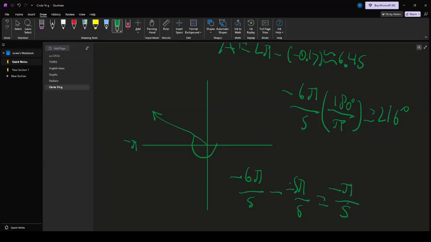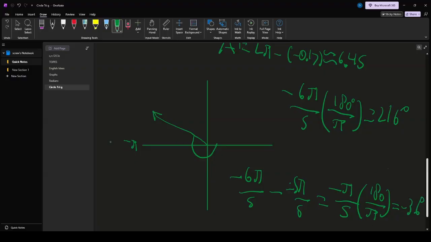And then when you convert this angle to degrees, you don't have to, but it'll be easy to visualize. You'll see that it equates to negative 36 degrees. Negative 36 degrees.